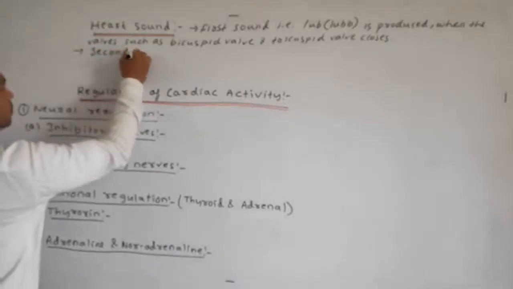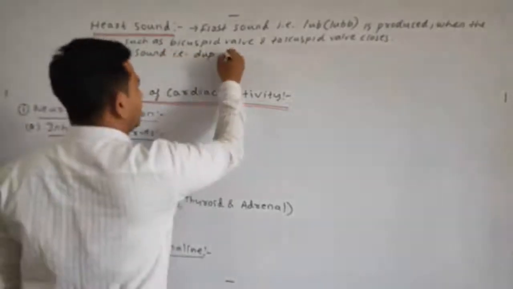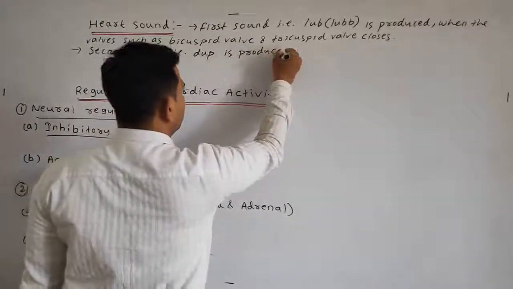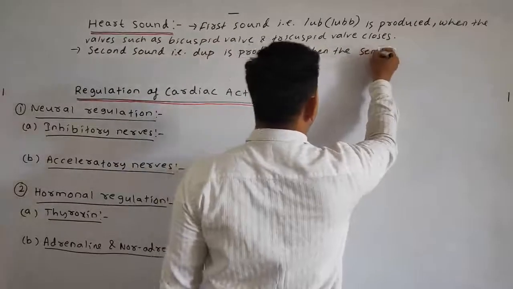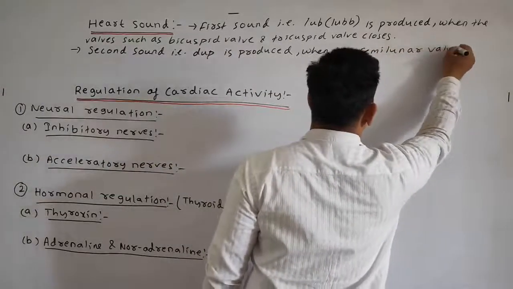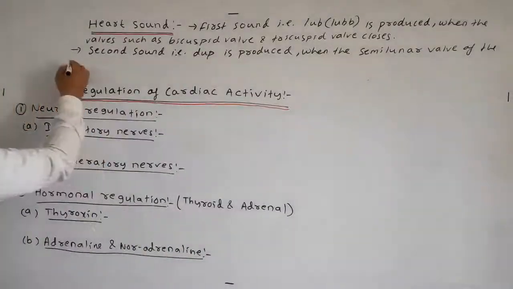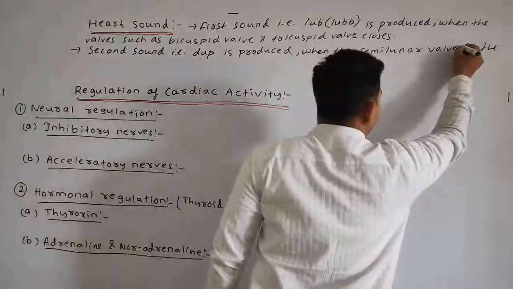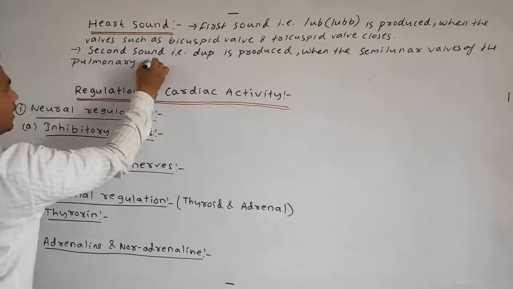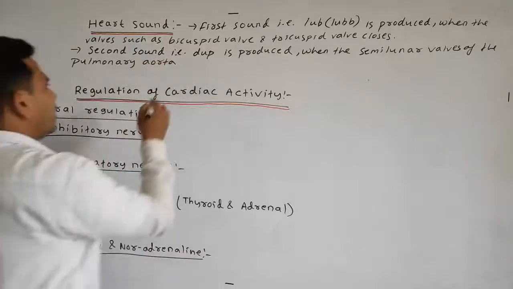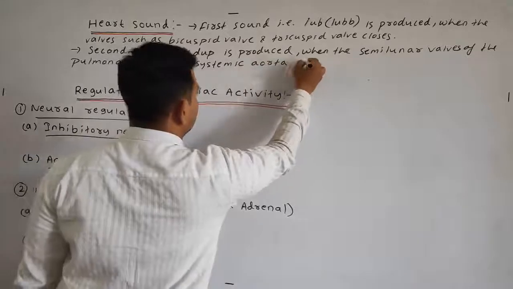Second sound, that is DUP, dup, is produced when the semilunar valves of the pulmonary aorta and systemic aorta close.